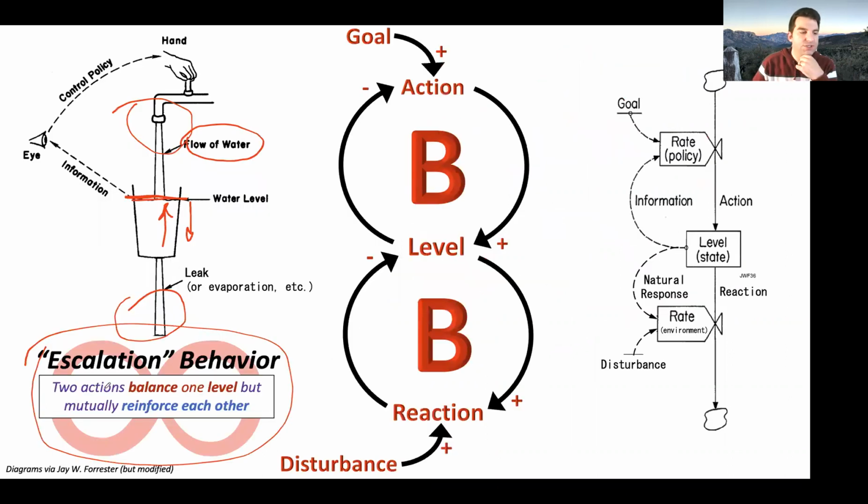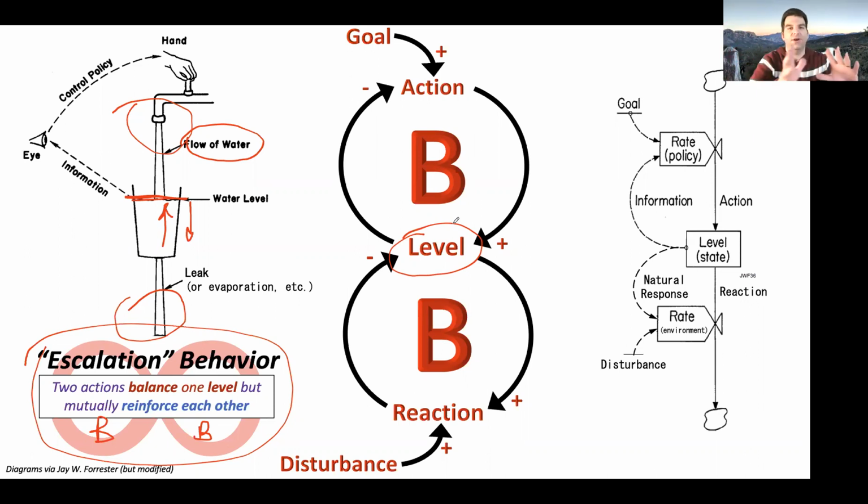Escalation behavior is when you have two balancing loops together, and they're both trying to regulate the same level. The leaking one is trying to bring the level down, and the filling one is trying to bring the level up. And the tension between them causes the level to be flat, while the other two just keep running.